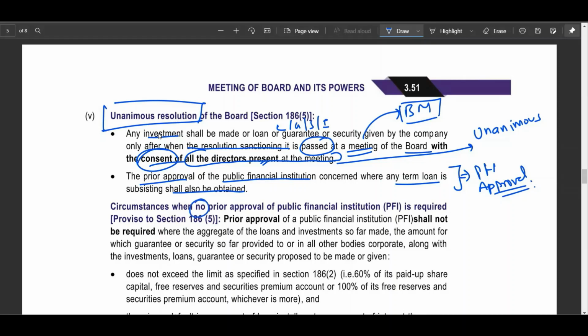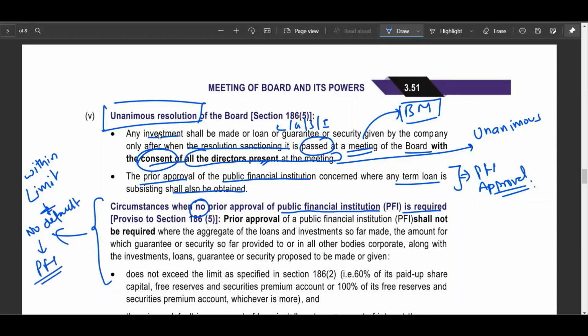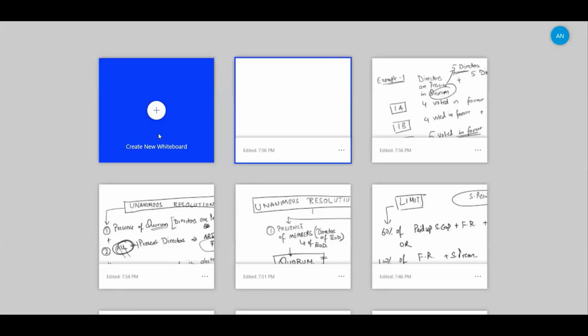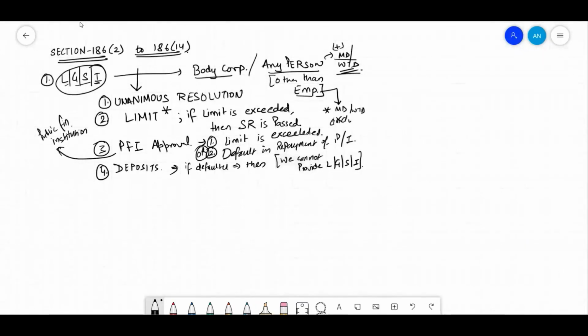Circumstances when no prior approval for public financial institution is required. This simply says that if within limit plus no default in repayment, then PFI approval is not required. And in the case that we read, we simply said that the PFI approval is required when limit is exceeded or default in repayment of principal and interest.